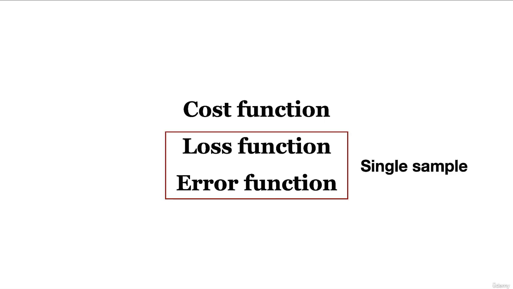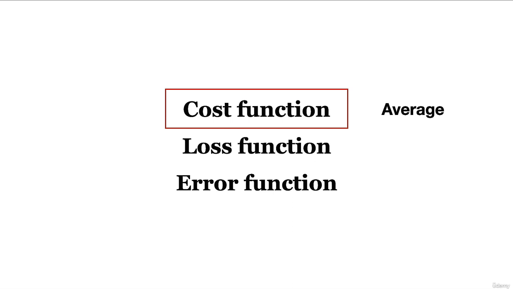There seems to be some consensus that the words loss and error are used for single training samples, and the cost is the average over all samples. But even if they have subtle differences, their purpose is all the same, to indicate how well the network is doing.